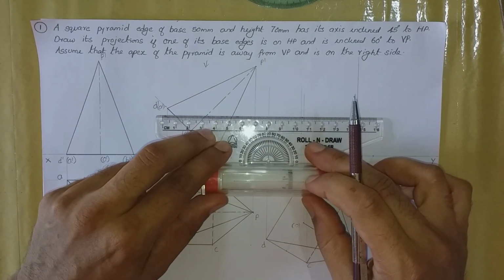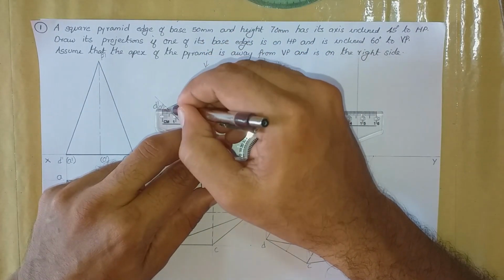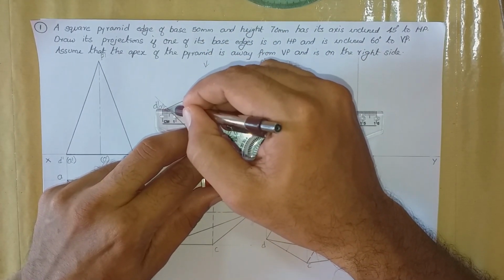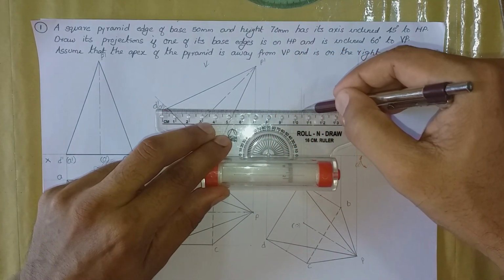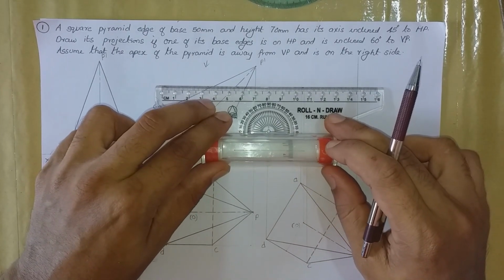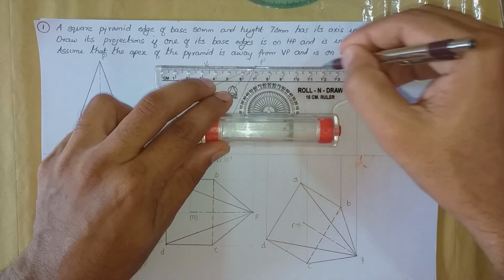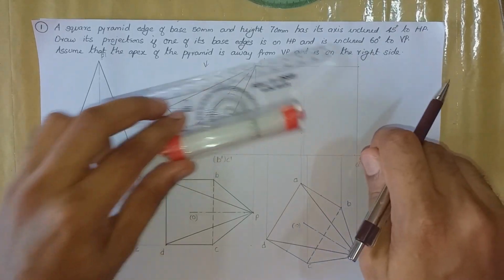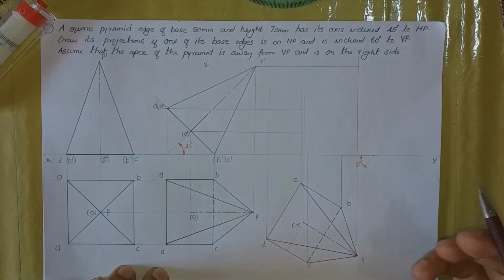I am rolling my scale and I am extending the projector from DA. Now I shall extend the projector from P. Okay. Now we shall mark the points A, B, C, D, P and O in this front view.